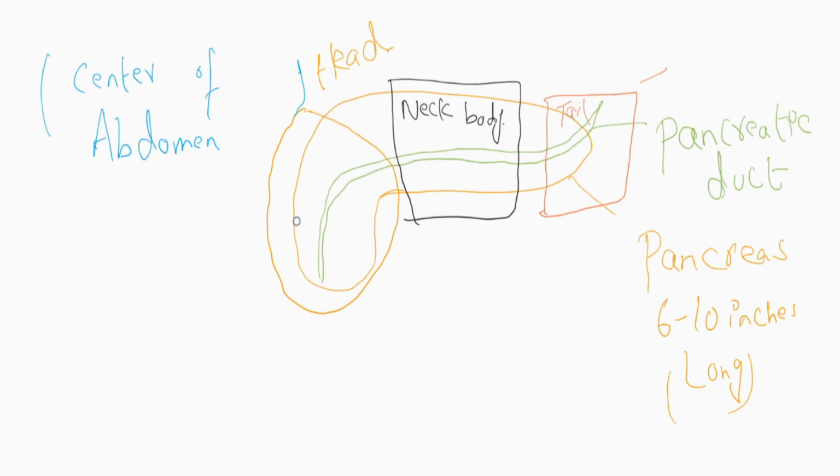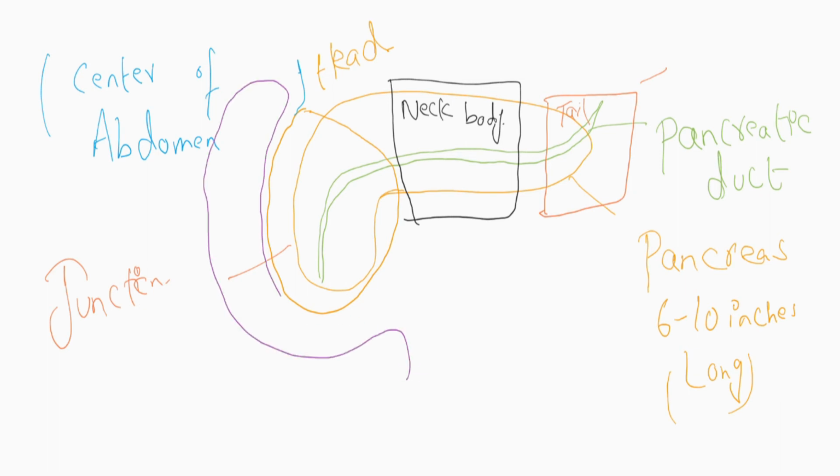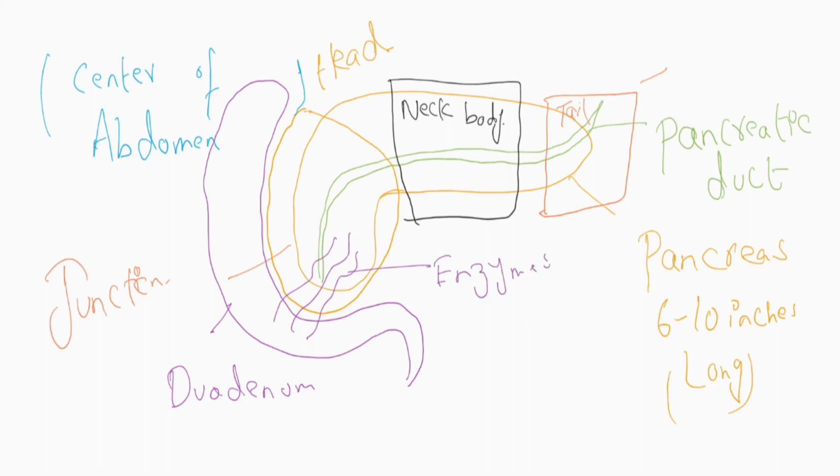The head of the pancreas acts like a junction where the stomach meets the first part of the small intestine, which is known as duodenum. Here the stomach empties the digested food into the intestine and pancreas releases enzymes for the digestion of food.